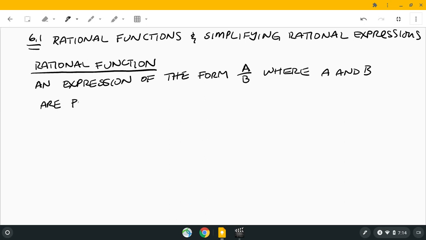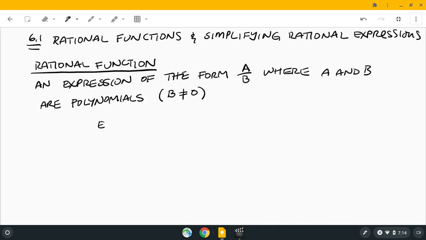So these are more fancy fractions than what you're used to, like 2/3, right? Okay, so where A and B are polynomials, and very important here, B is not 0, okay? Because if it's 0, then it's undefined.